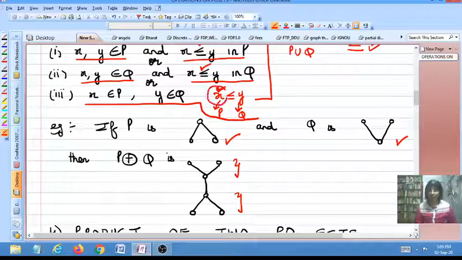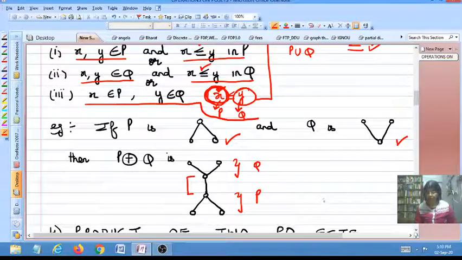Left means that in the Hasse diagram the elements of P should be down, at the bottom, and the elements of Q should be at the top. So here we are keeping the elements of P down here and Q at the top, and there is a line that we put in between them. This is your P, you have to take P first and then keep Q at the top like this.